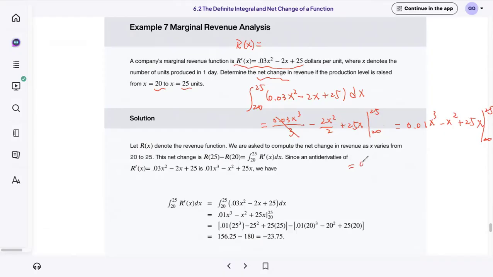We better use a calculator for this. 0.01 times 25 cubed minus 25 squared plus 25 times 25, then minus 0.01 times 20 cubed minus 20 squared plus 25 times 20. It's just a calculation. In the end, we should get negative 23.75. So it decreased.